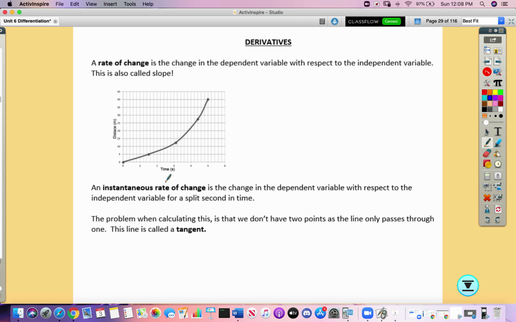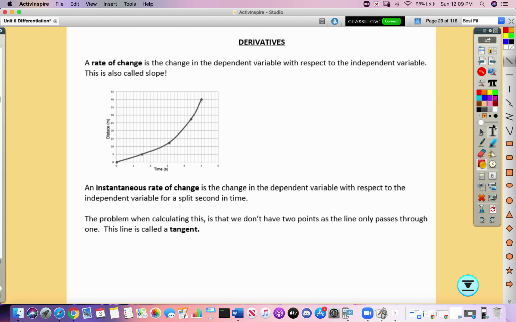An instantaneous rate of change is the change in the dependent variable with respect to the independent variable in a split second in time. So the problem is that when we're going to calculate this, as I was just talking about, if we are talking about a split second in time, we don't have 2 points. We've only got 1. And that is going to create this tangent line, this slope at a particular point.